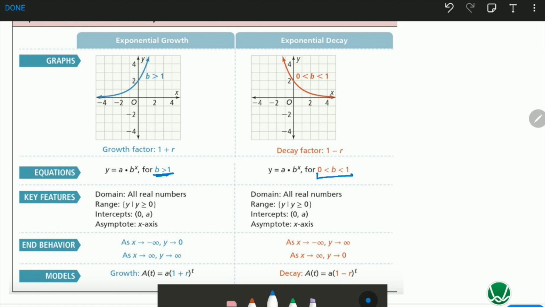You can see that the graphs have basically the same shape, just reflected across the x-axis. So, very similar characteristics. They are actually all the same characteristics.